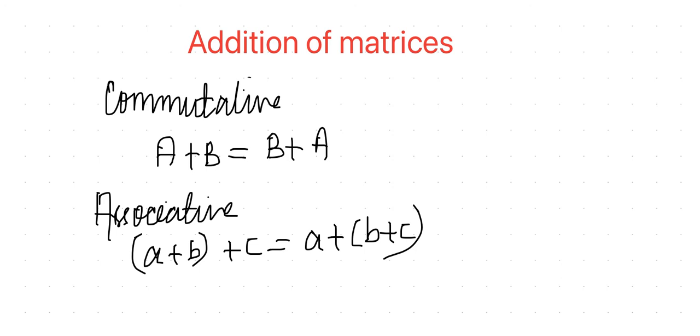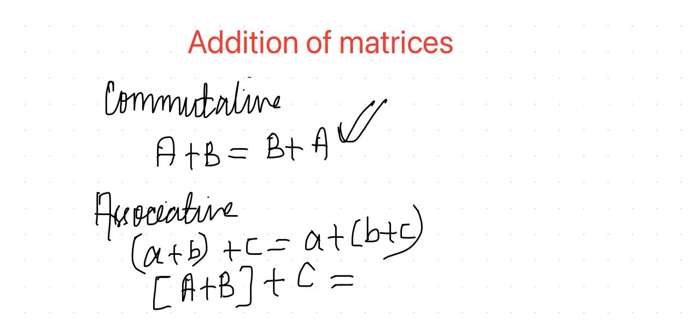So if in a question you are given two matrices and told to justify the property of associativity or commutativity, then you will show that A plus B is equal to B plus A. And if it is associative, then on the left hand side you first add matrix A and matrix B and then add C, and on the right hand side you first add matrix B and C and then add them with A. So this is called the property of associativity.